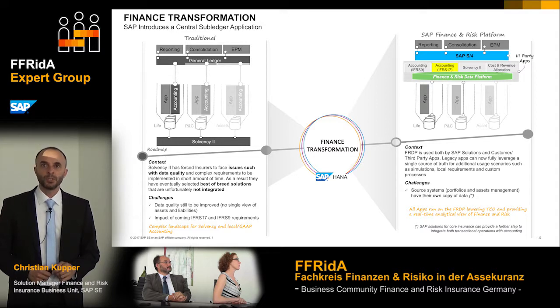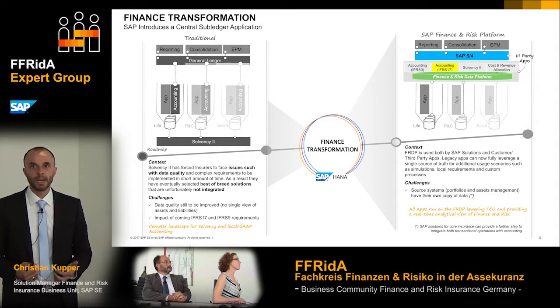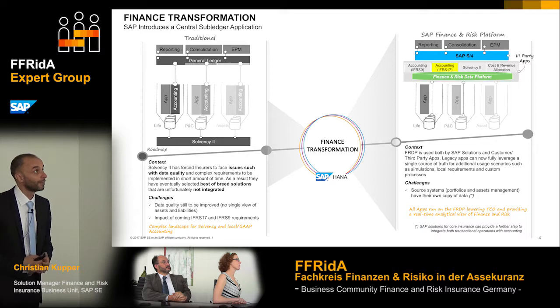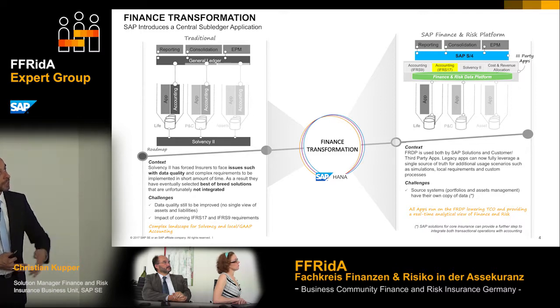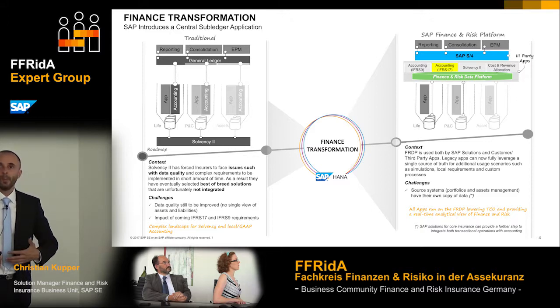So with this new approach, we go towards a central subledger solution. Our IFRS 17 solution basically can be put into an architecture without touching the policy systems for life, P&C, or the claim system. So basically, it allows you not to touch your legacy systems.